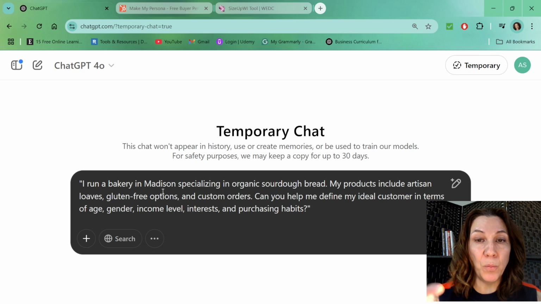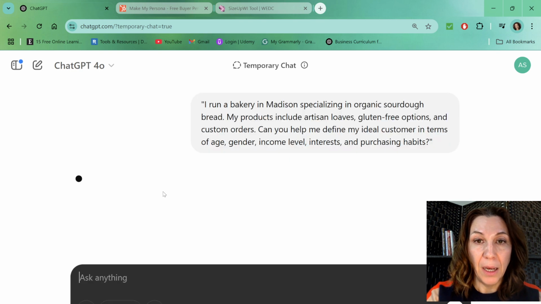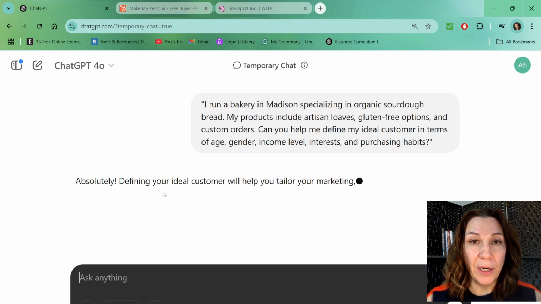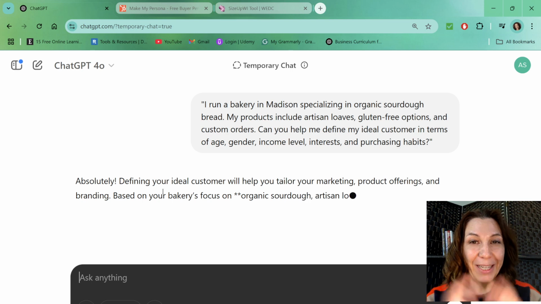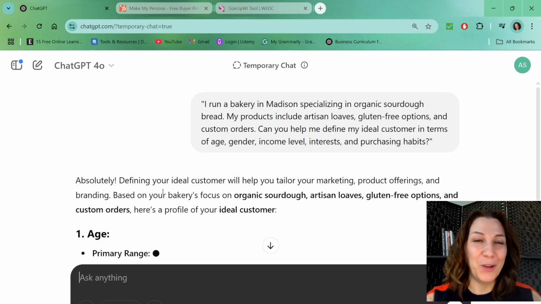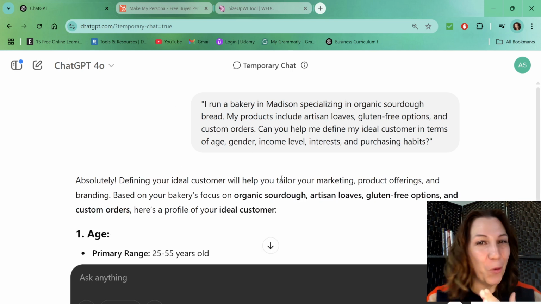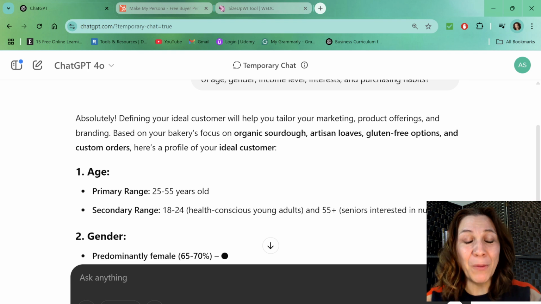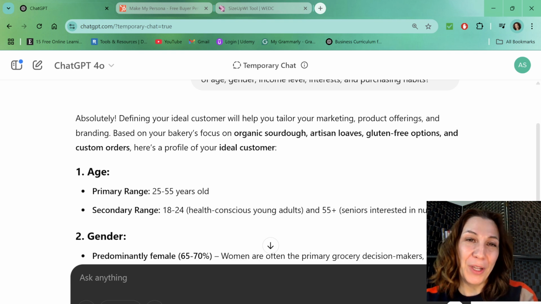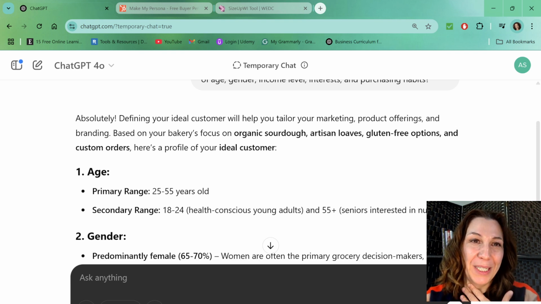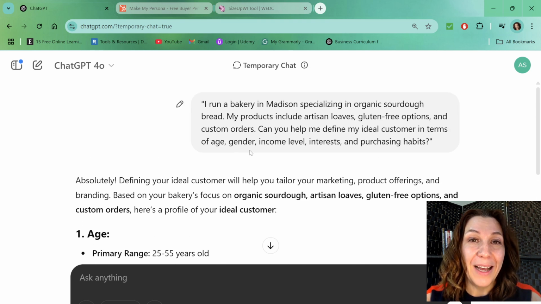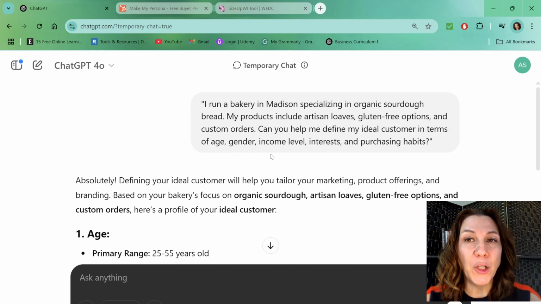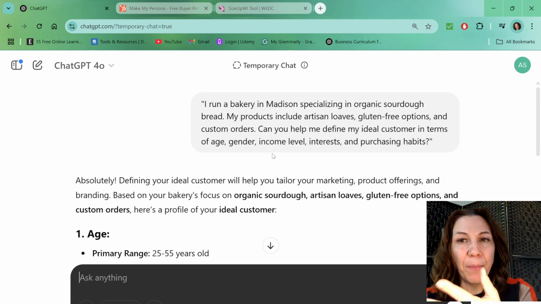And once you put that, you click enter, and guess what? Like magic. And for some of you, you're already working on ChatGPT, no worries. But for some of you who are new, again, I'm going to put together a video on how to work with ChatGPT. So we ask ChatGPT to go and research the age, gender, income level, interests, and purchasing habits.